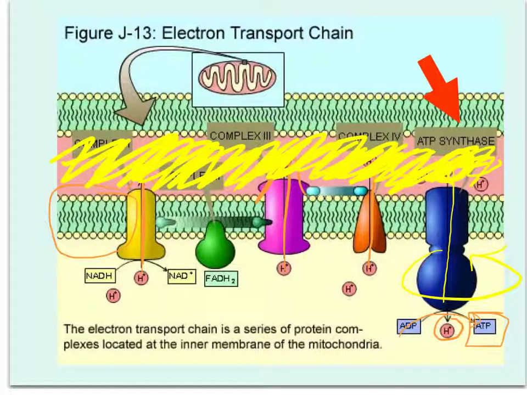So the whole purpose is we pump all those hydrogens out of the cell or into the intermembrane space where they build up pressure and then they rush back in through the gateway provided by ATP synthase. And each time they go through is kind of like a turnstile in a subway. They go through, it turns around once, and one more ATP gets made. It's an ATP making machine.